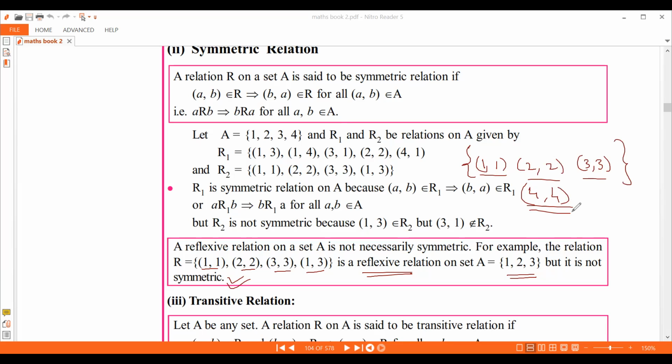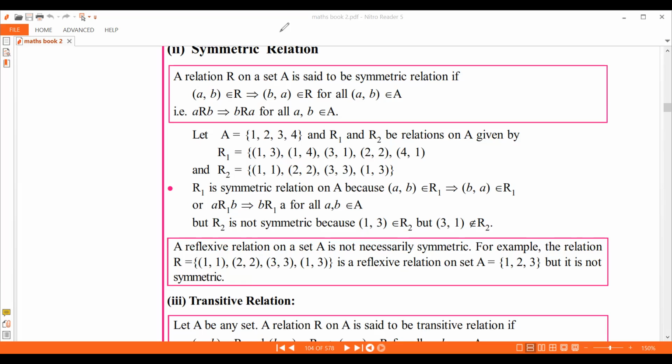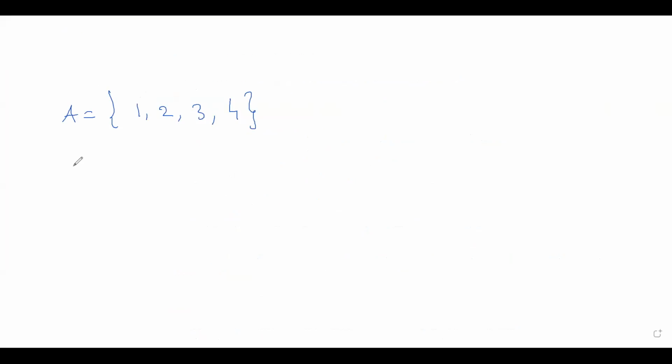But it says it's a reflexive relation on set A, 1, 2, 3. I think you are confused once again. My question is that in A there is 1, 2, 3, 4. Yeah, I understood your question. They have given only 1, 1, 2, 2, 3, 3. 4, 4 is missing.